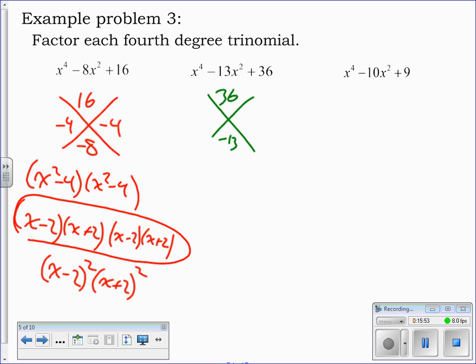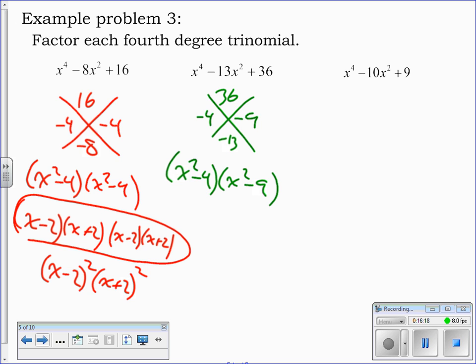Okay, two numbers multiply to give me 36 and add to give me negative 13. Negative 9 and negative 4. So that means I have x squared minus 4 and x squared minus 9. Well, we've already factored x squared minus 4, right? We did that here. In fact, we did it twice here, didn't we?